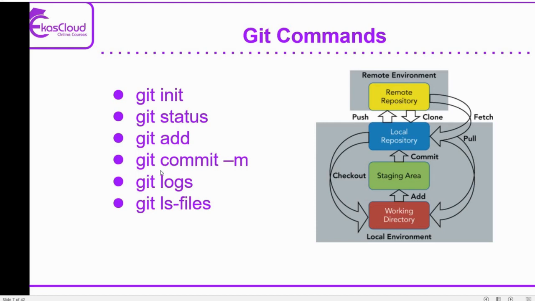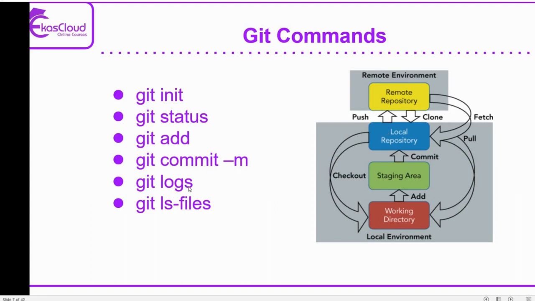And you can see git commit -m. This command helps to move a file from the staging area to the local repository. You can use git commit -m and enter a message, and the file moves from the staging area to the local repository. You can commit regularly, so there are a lot of commits here. If you want to see those commits, you can use git log.